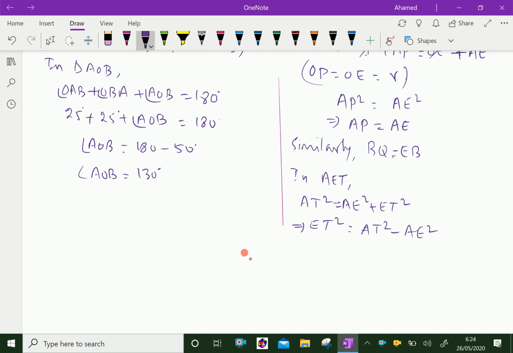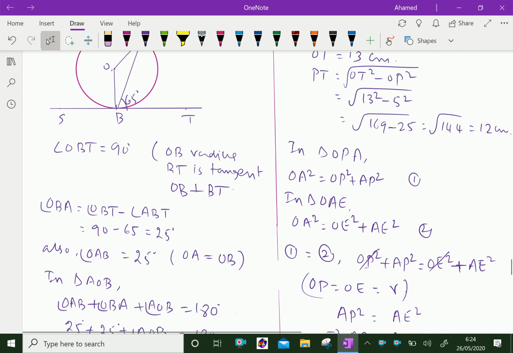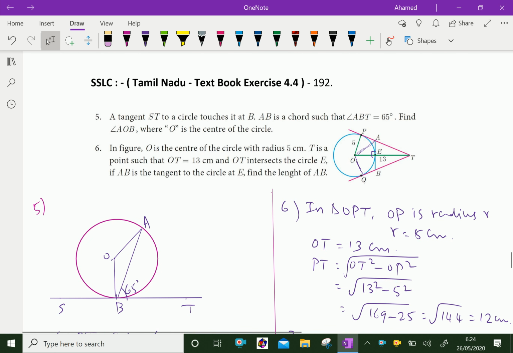Here, which is a difference of squares, you can write AT plus AE times AT minus AE. Here, AE is also equal to EB.